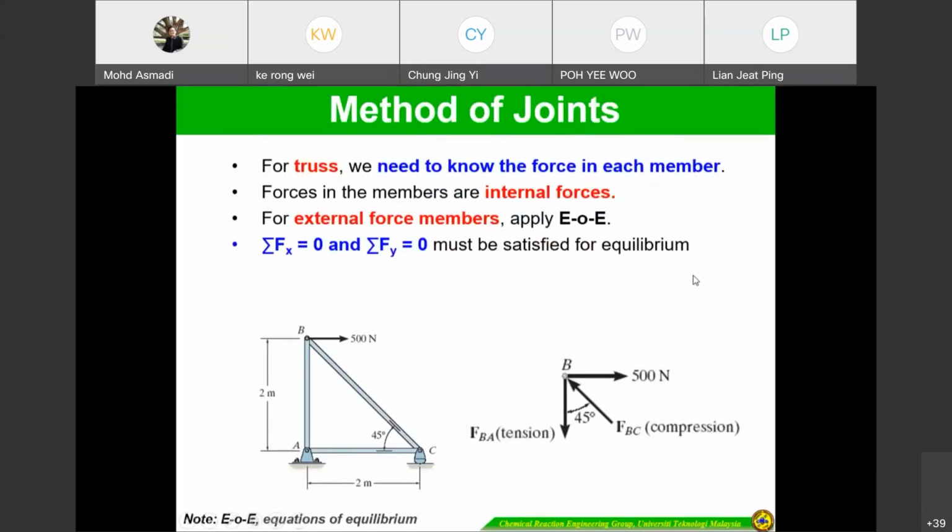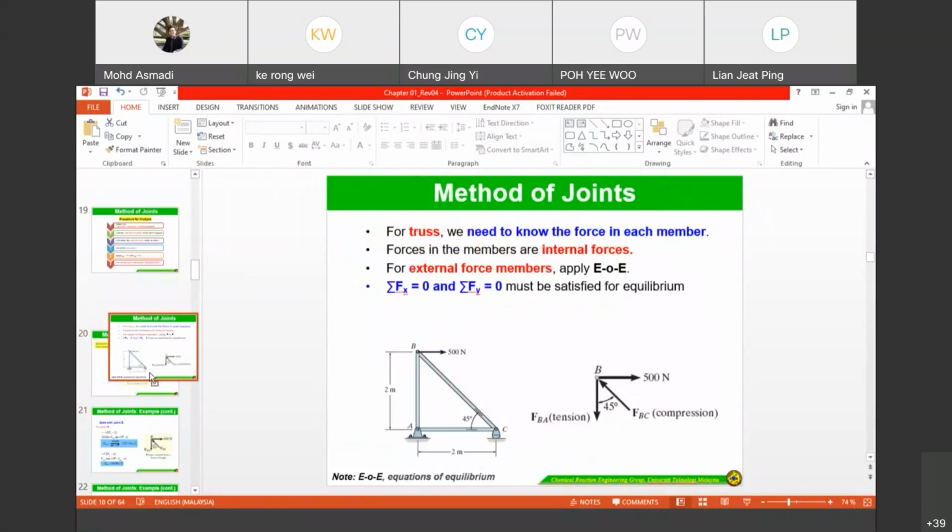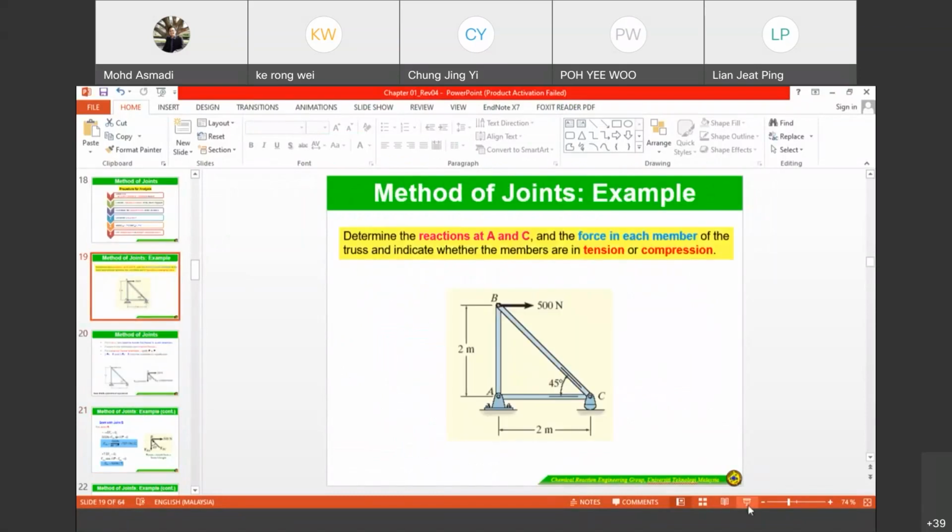I think it's okay. 545. There is an ordering here. I think this one. Oh, right.